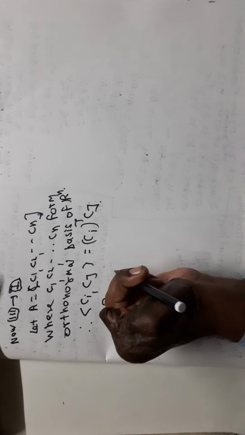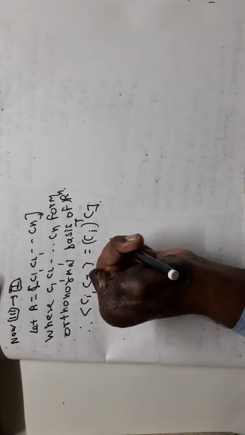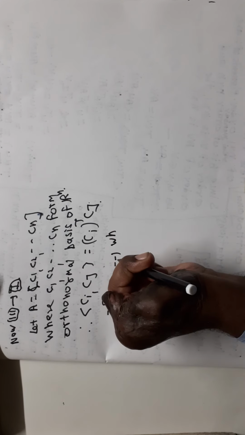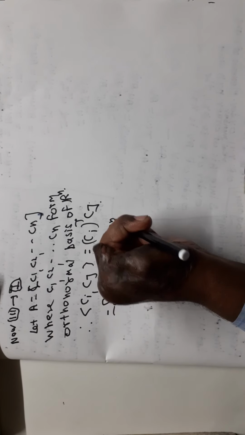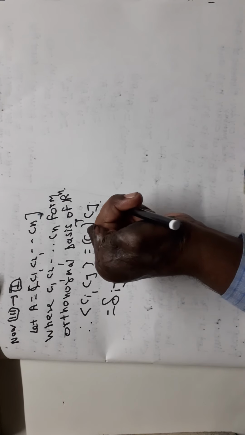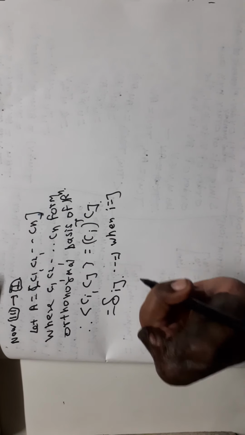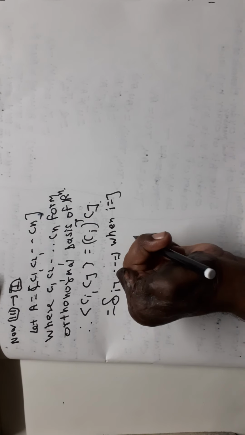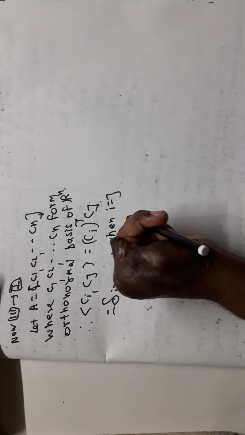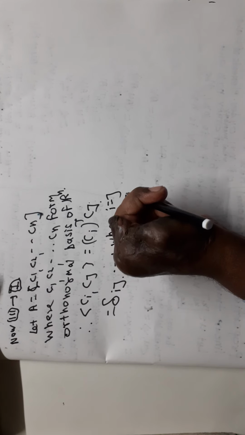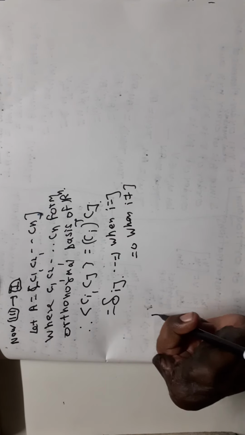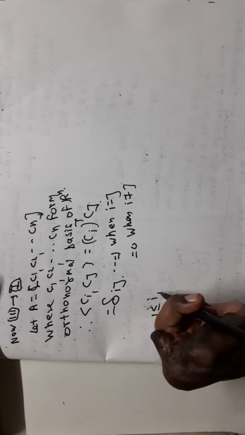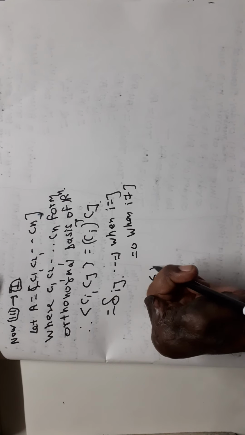Therefore delta ij is equal to 1 when i is equal to j, and 0 when i is not equal to j, for 1 less than or equal to i, j less than or equal to n.